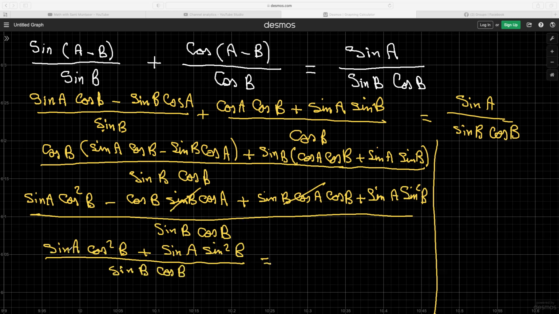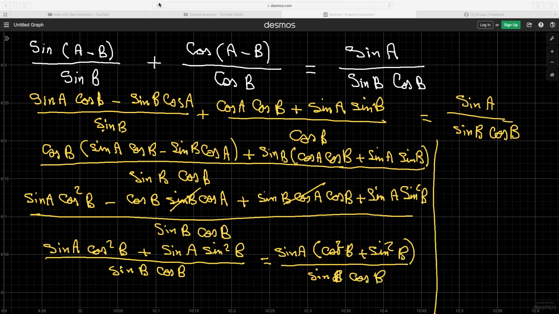which in turn I could factor out the sine A from here as the greatest common factor. I end up with cos squared B plus sine squared B, all over, sorry, sine B cos B. Now cos squared B plus sine squared B, that's the Pythagorean identity.